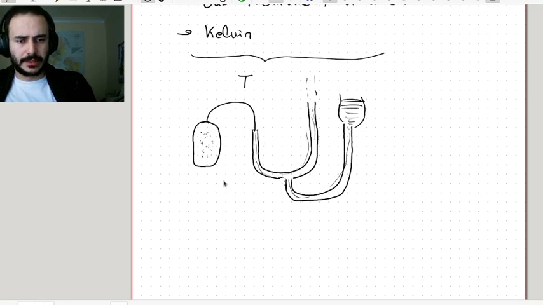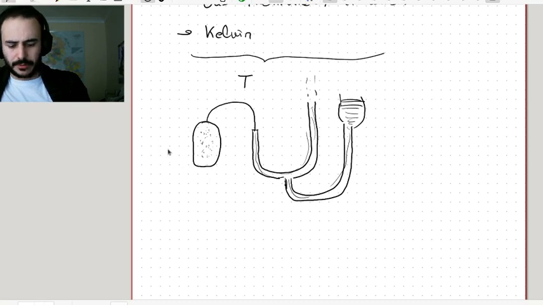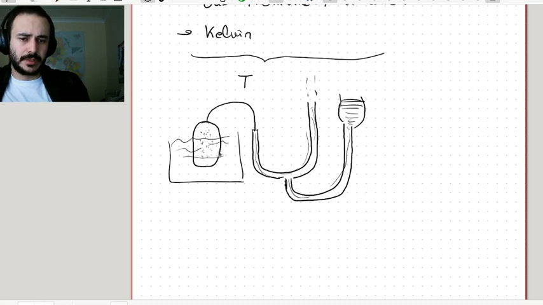So if I bring a flame to my thermometer here, then I will increase the temperature of this gas, right? And actually this is what I use to measure temperature. Let's not put a flame, let's just say we submerge the bulb of the thermometer in whatever system whose temperature we want to know.